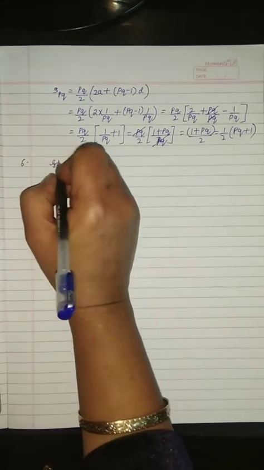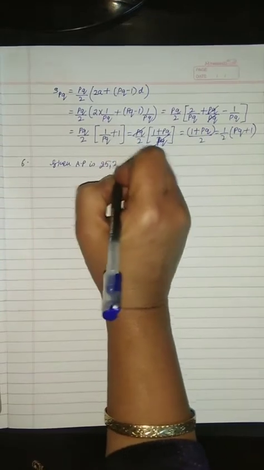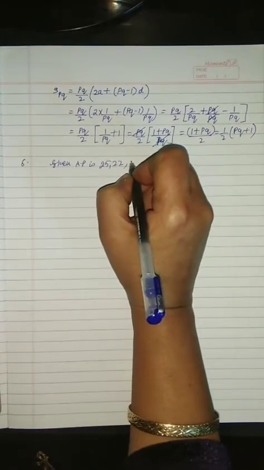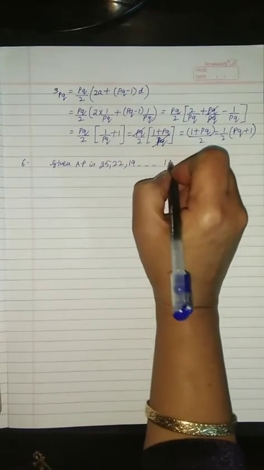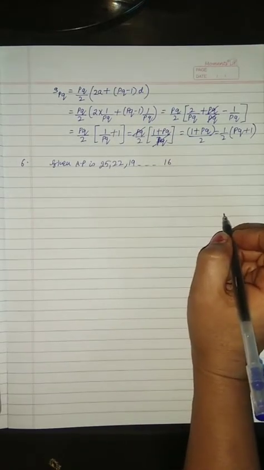In question number 6 we are given the sum of a certain number of terms of an AP, and we are not aware of the n. The given AP is 25, 22, 19, and so on, and the sum of a certain number of terms is 116. We have to find the last term.